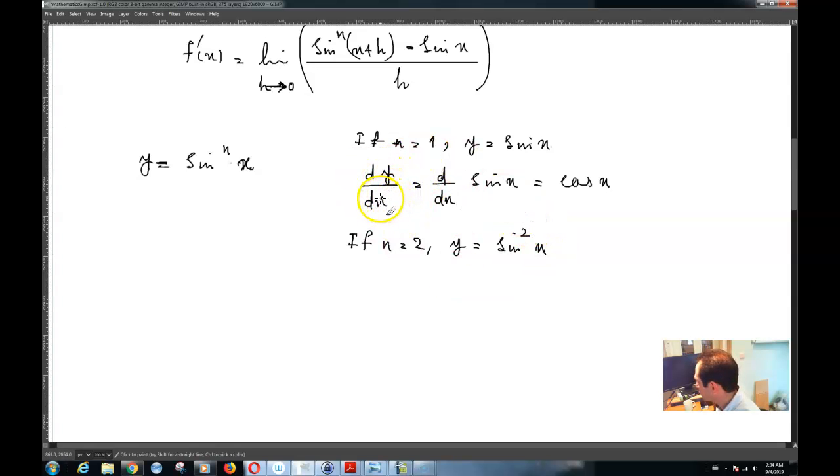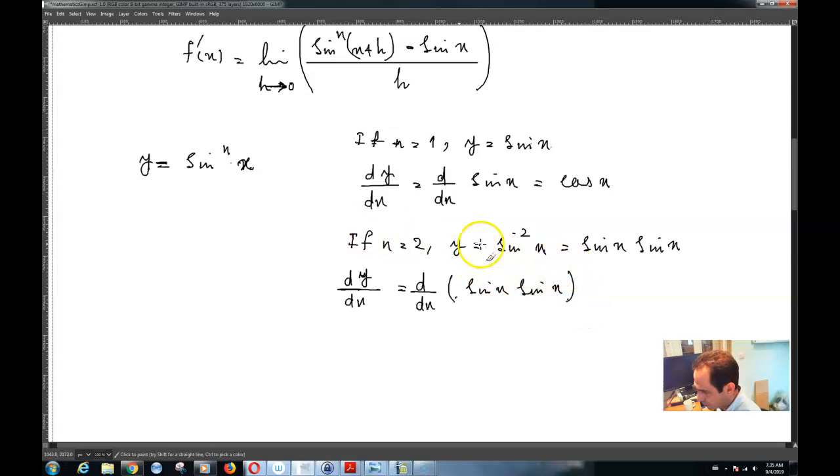You can write this as sine x times sine x, right? And so dy by dx is equal to d by dx of sine x times sine x, for which you can use the product formula: u times v whole prime is equal to u prime times v plus u v prime.